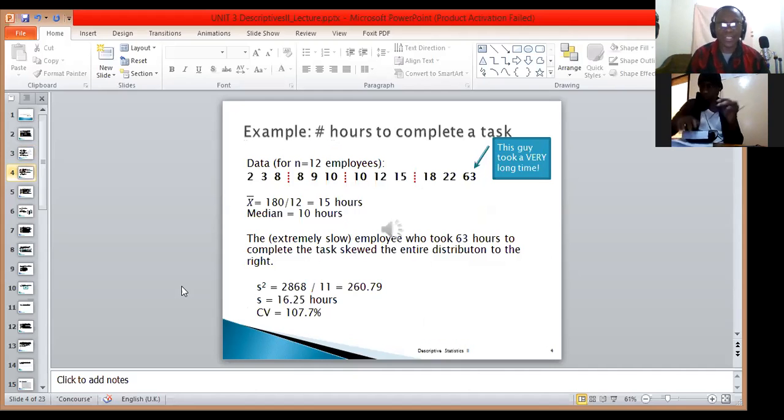Let's look at this example where we have 12 elements.